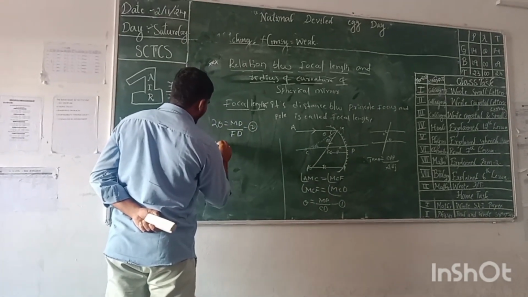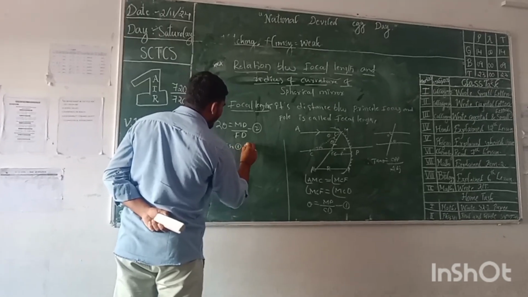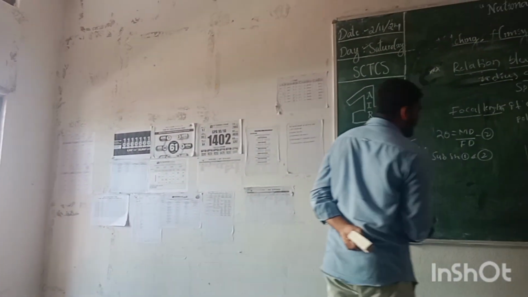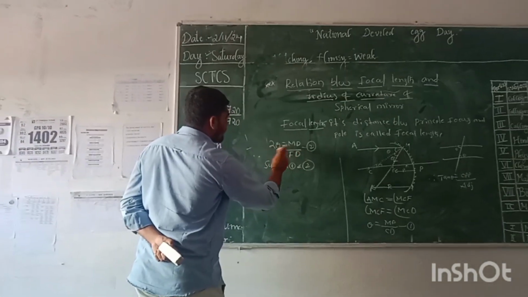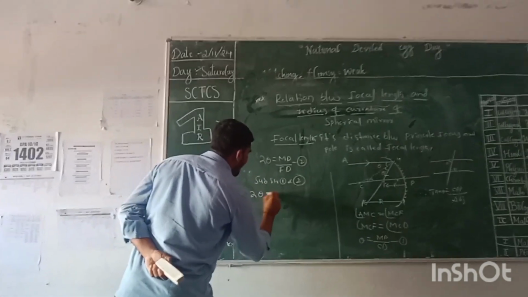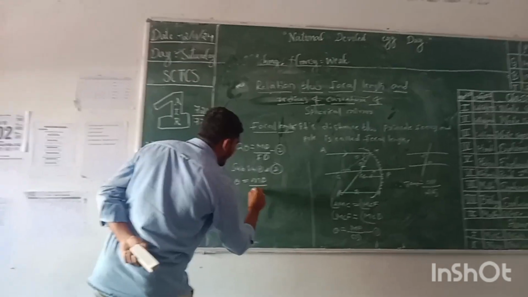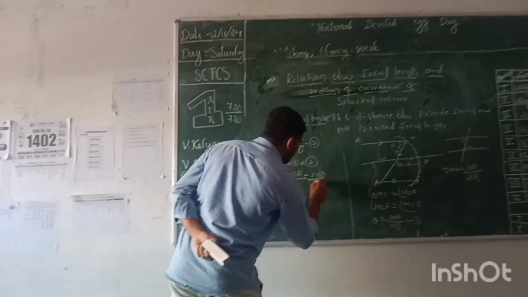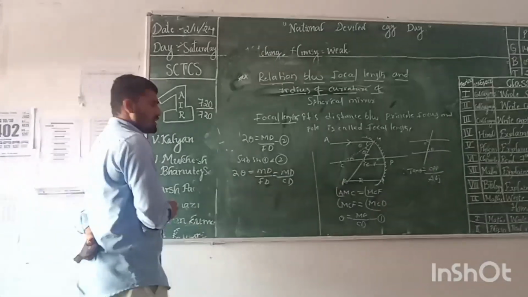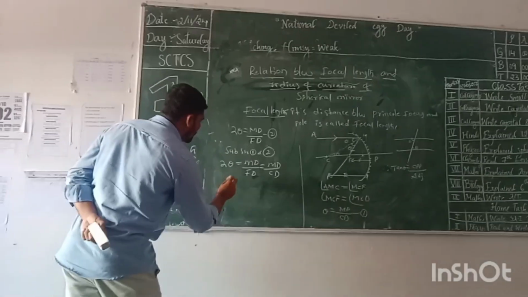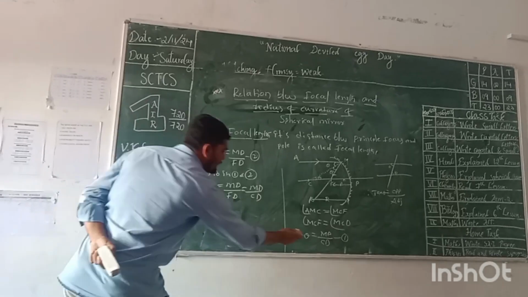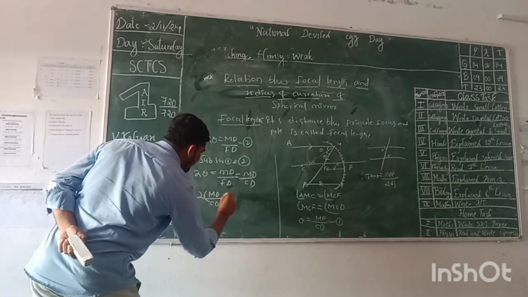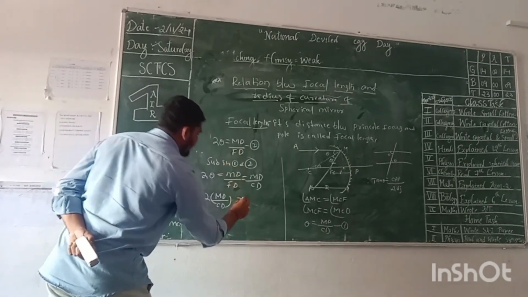Substituting in equations 1 and 2, 2 theta is equal to MD by FD, and theta is equal to MD by CD. So MD by CD multiplied by 2 is equal to MD by FD.